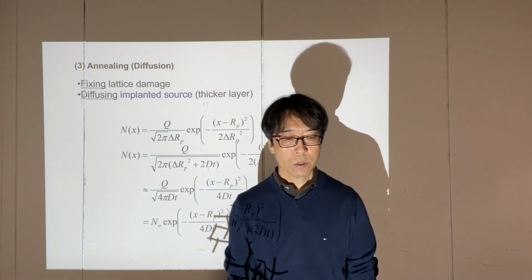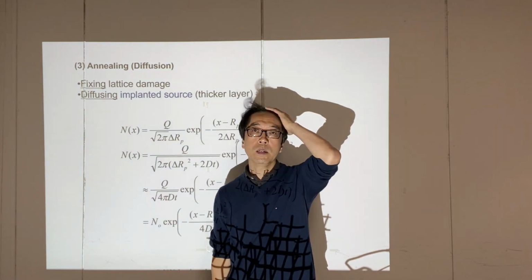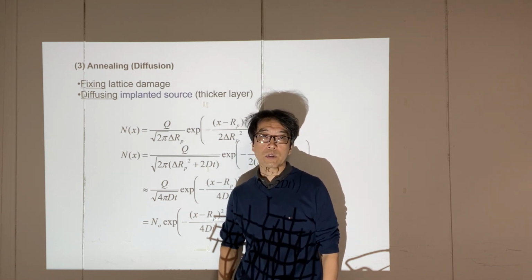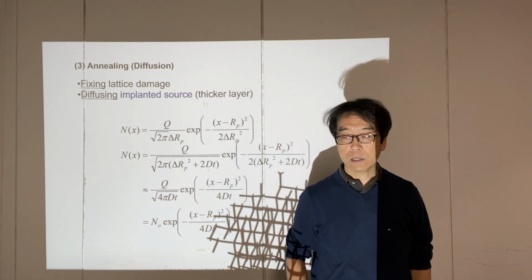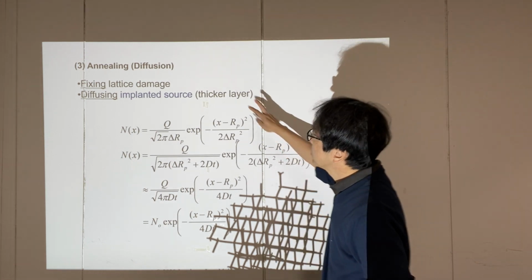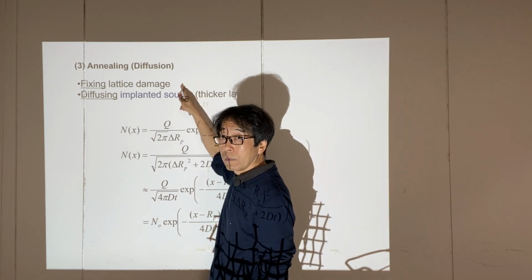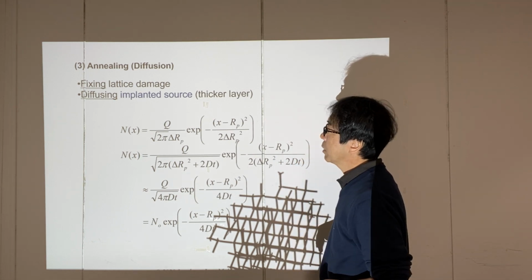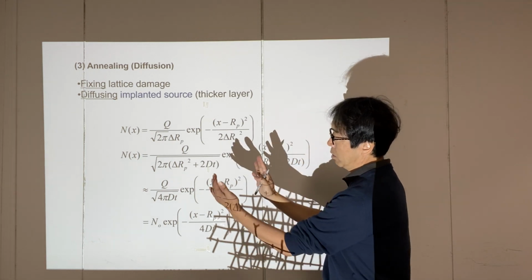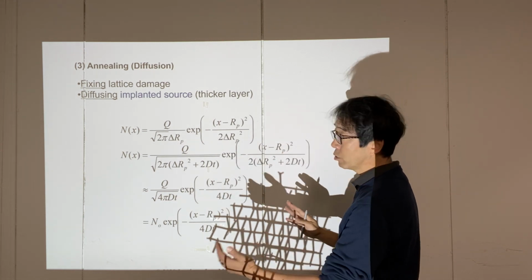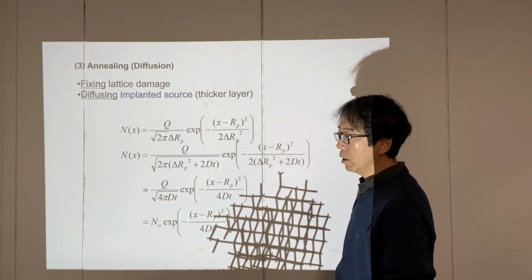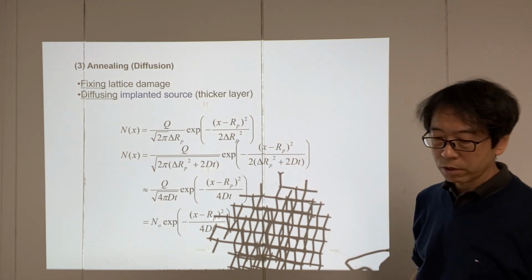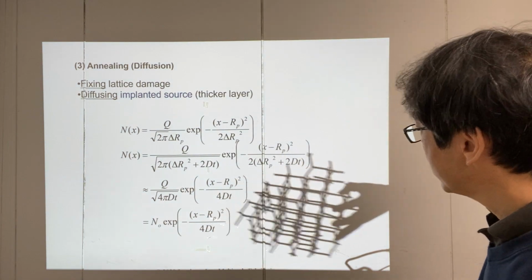This high temperature process, annealing at, for example, 1100 degrees Celsius, is necessary to fix the broken lattice damage. And second, obviously, because you elevate the temperature, the whole distribution will be broadened, because additional diffusion will occur throughout this process. That's very interesting, indeed, right?